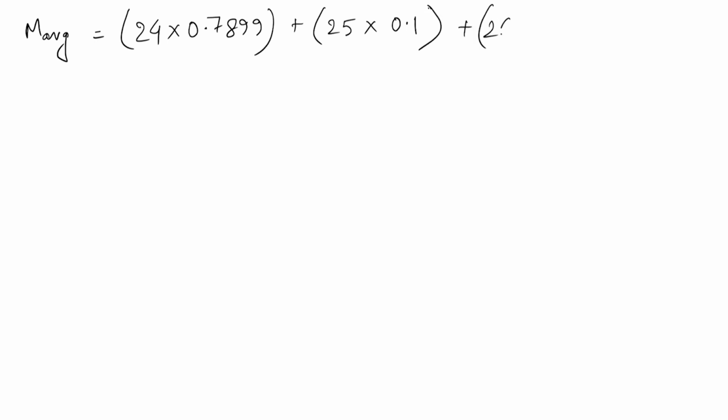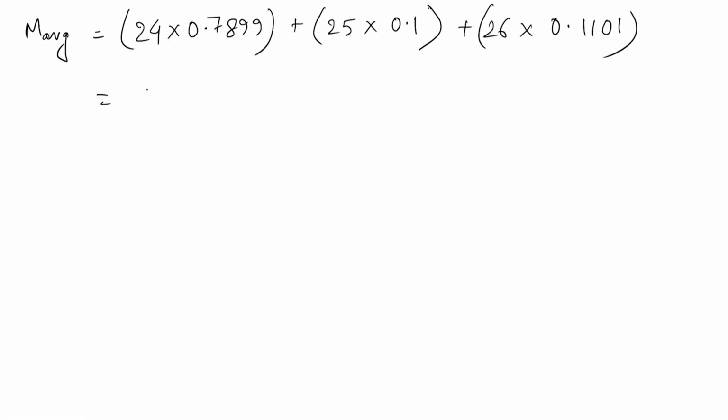M average equal to, so we can write 24 into 0.7899 plus 25 into 0.1 plus 26 into 0.1101. Okay.